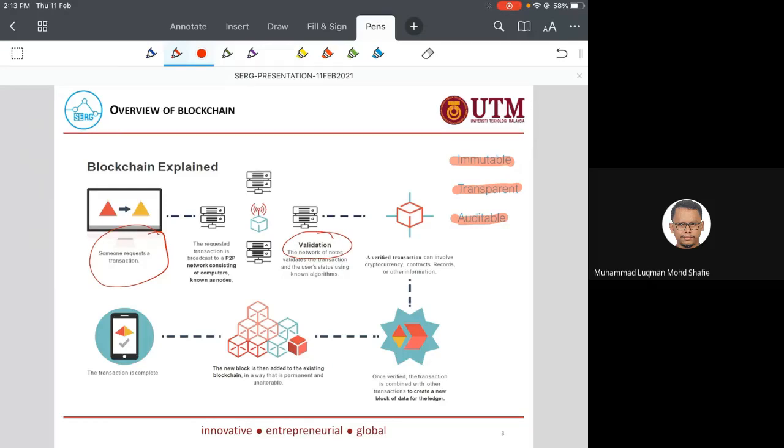So who validates the transaction? This is where the term miners occurs. The miners solve a very complex mathematical calculation, and when the miner successfully solves that problem, the miner gets some pieces of token.